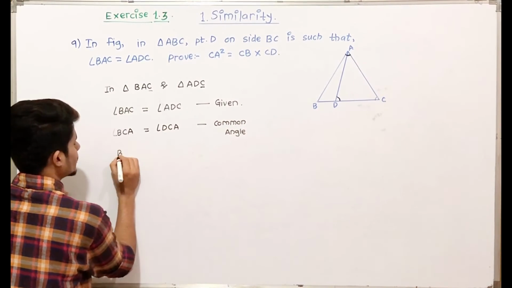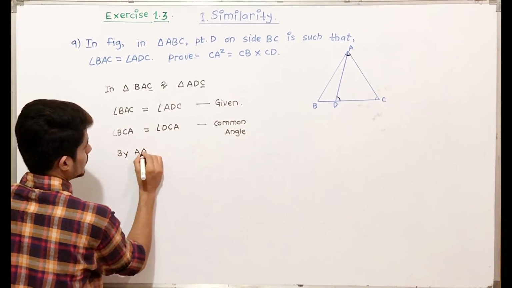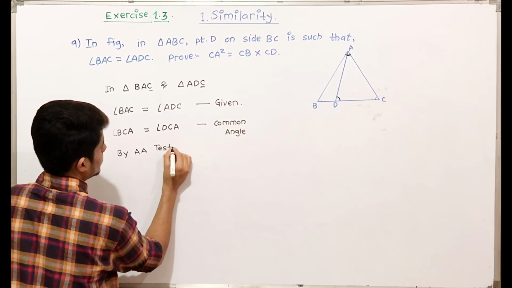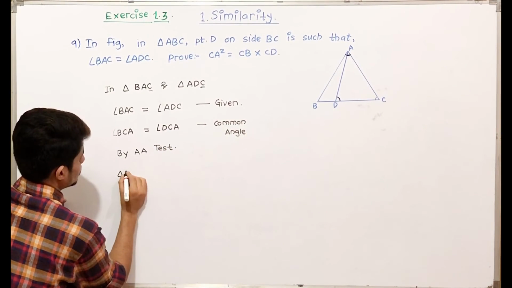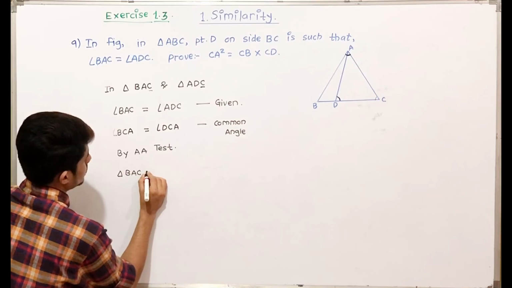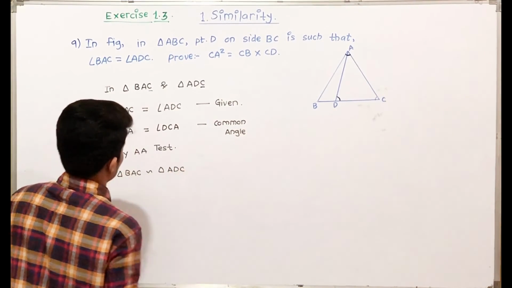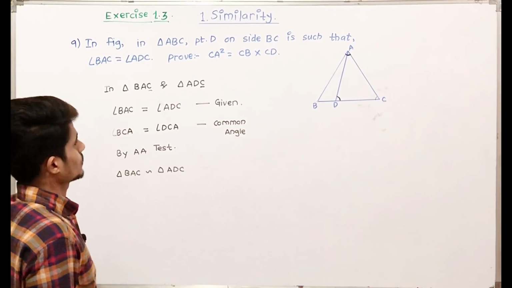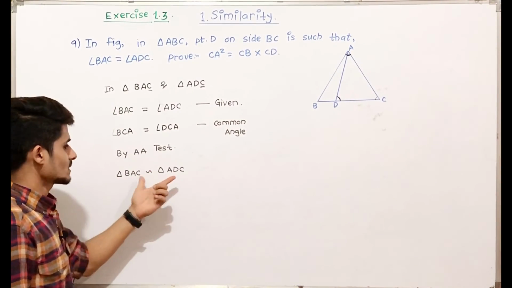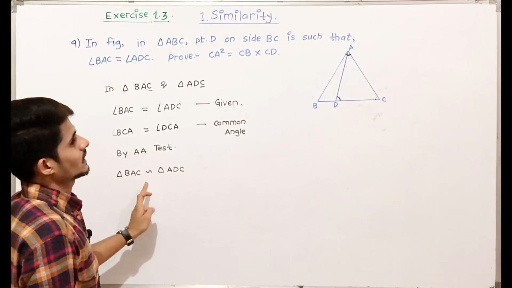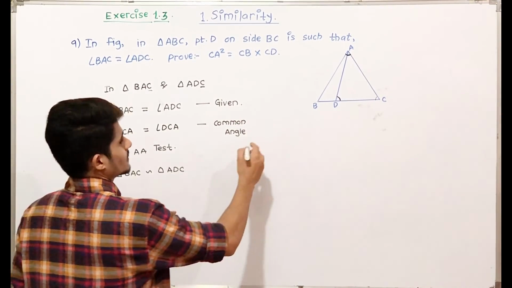So by the AA test, that is the angle test, triangle BAC is similar to triangle ADC. Once the triangles are similar, we'll take the corresponding sides.